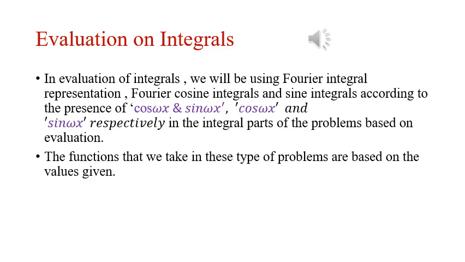Just see whether we are having sine omega x and cos omega x together, or cos omega x alone, or sine omega x alone in the integral part. Based on these things we will be taking the formula. And what about the function? The value represents the function. So when we take the function, leave the constant part there and take the varying function.